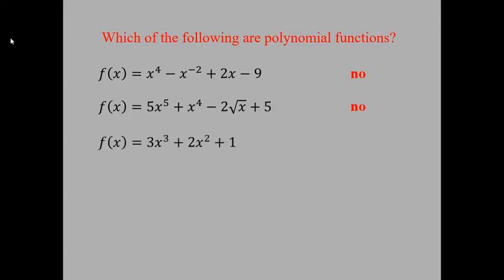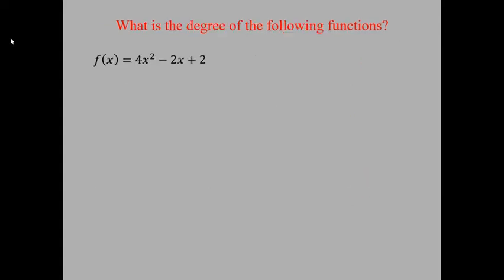What about f of x equals 3x cubed plus 2x squared plus 1? Yes, this is a polynomial function. What about f of x equals 2x to the fourth times the quantity x minus 2 times the quantity x plus 3? Yes, this is also a polynomial function.